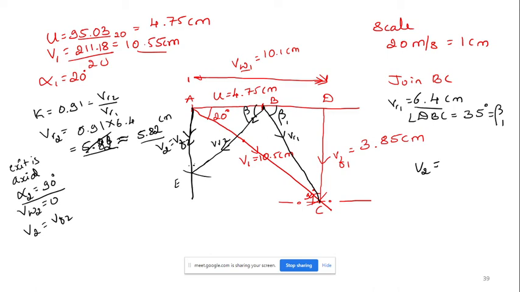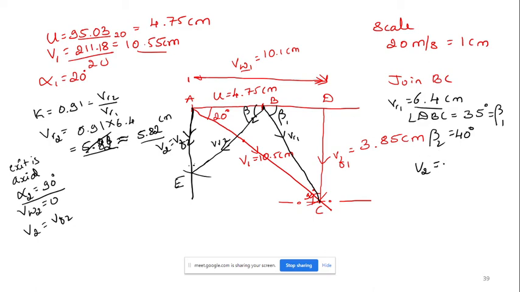What is AE? Beta 2 is 40 degree. So that is 5.8 you told.